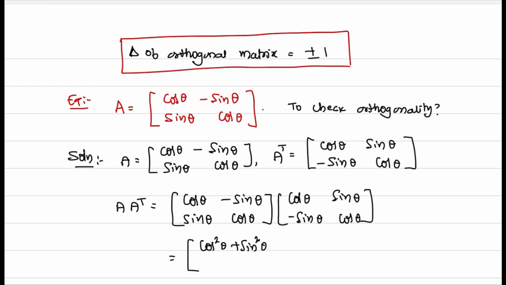The first row, second column is cos theta into sin theta, minus into plus is minus sin theta cos theta.